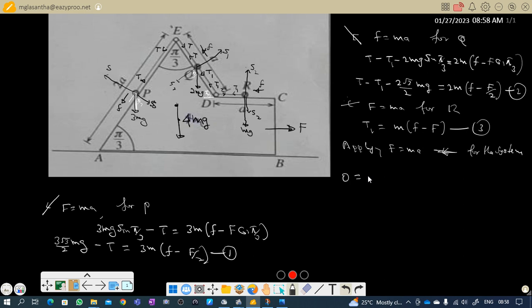Then 4m times capital F minus. Now you apply in this direction.